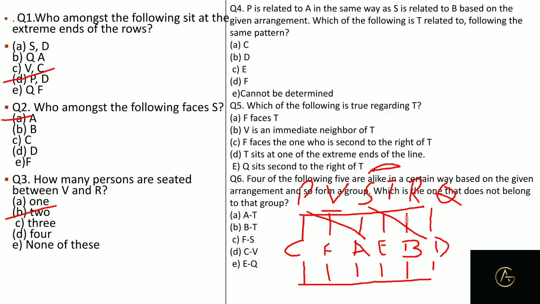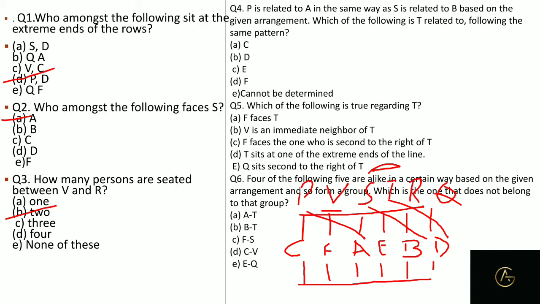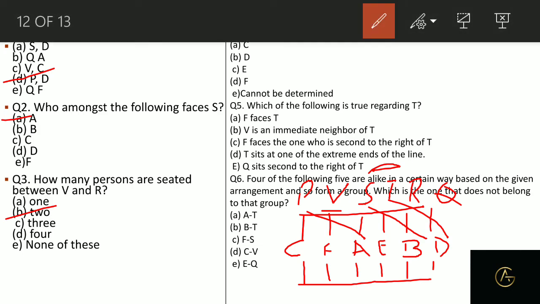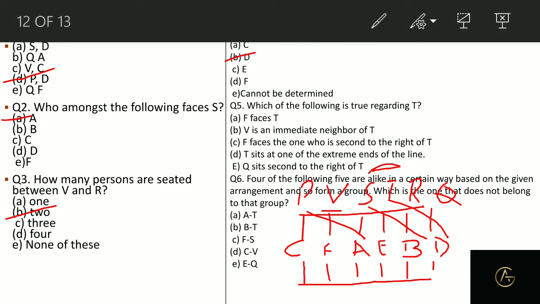Based on the given arrangement, which of the following is T related to? Same pattern, T is related to D, after leaving 1. The answer will be option B. Which of the following is true regarding T? F faces T? No. V is an immediate neighbor of T?